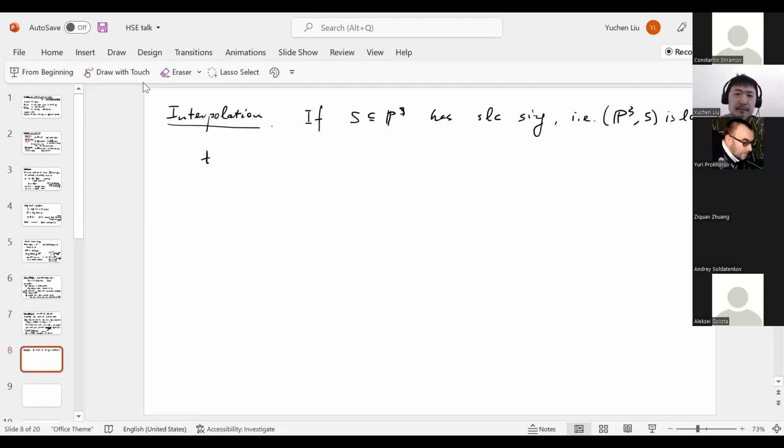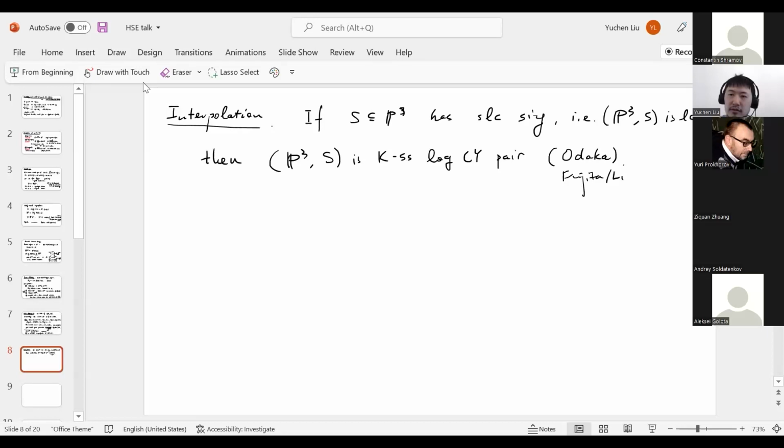then we know that (P^3, S) is a so-called K-semistable log Calabi-Yau pair. So this is due to the work of Odaka. Of course, there's I think a new explanation due to the valuative criterion of Fujita and Li.